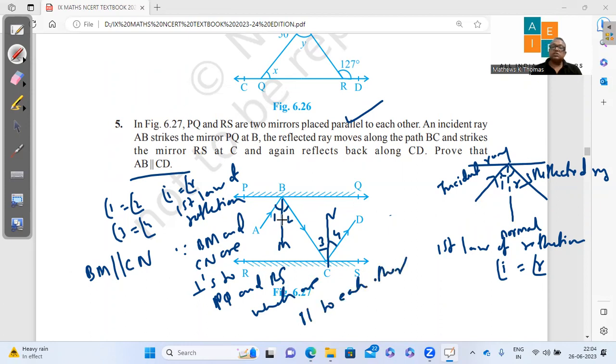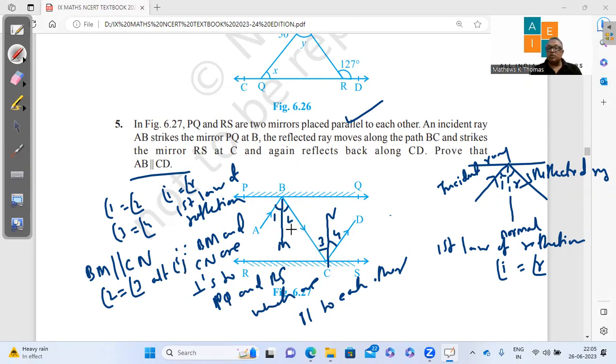So this is a perpendicular, this is also a perpendicular, but they are perpendicular to parallel mirrors in this case, and therefore they will be parallel to each other. So BM and CN are parallel. If they are parallel, then we can say that angle 2 equal to angle 3. Alternate angles 2 will be equal to 3.